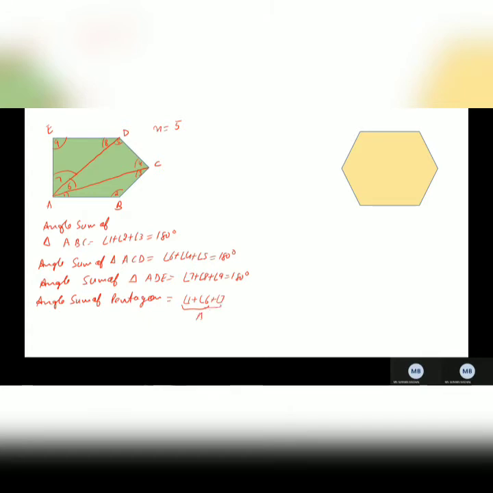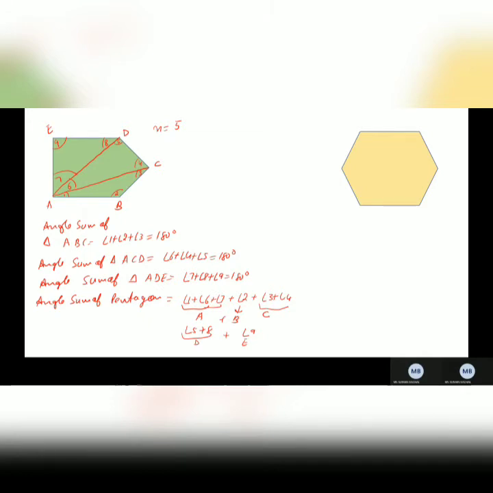This will be your angle A, and then angle 2 is your angle B, and then angle 3 plus 4 is your angle C, and then angle 5 plus 8 is your angle D, plus angle 9 is your angle E. So what will you get?